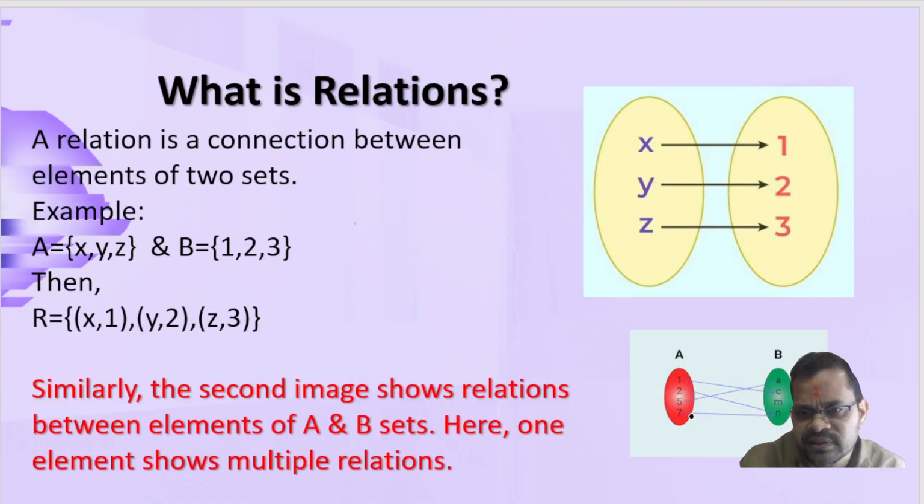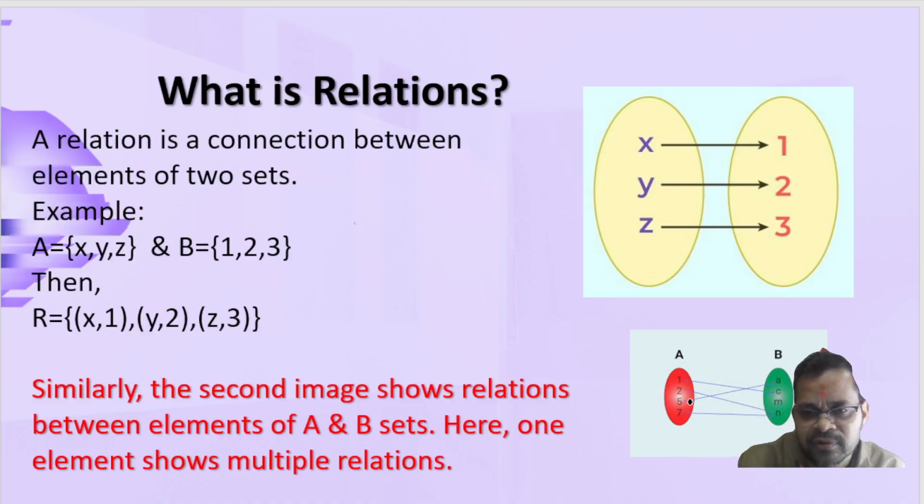Hope you can see that the font size is a little smaller. In the A set there are 1, 2, 5, 7. In the B set there are A, C, M, N. You see that in set B, the element N is related to two numbers within set A, that is 2 and 7. So here there is a many to one relationship.